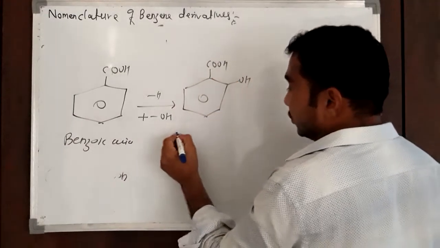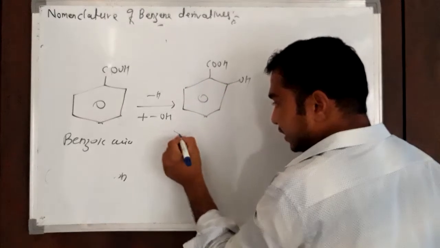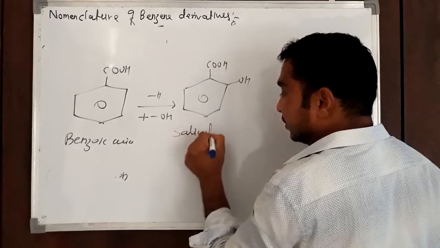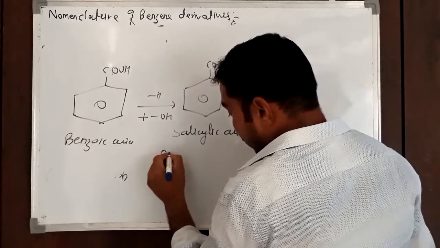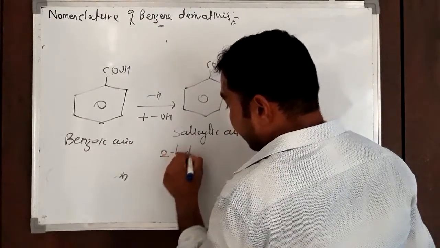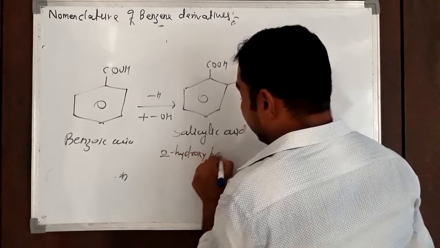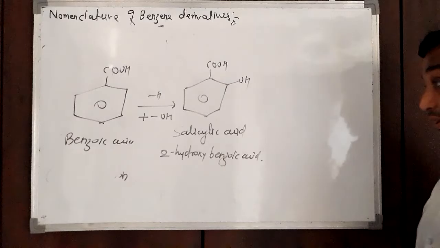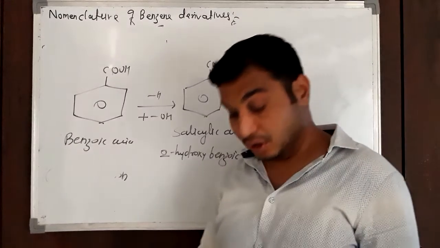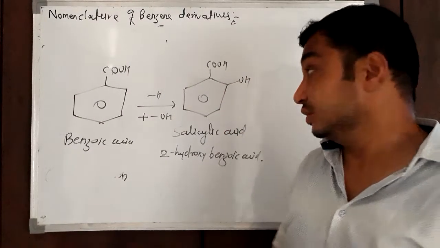Okay, its name is O-hydroxybenzoic acid, and its common name is salicylic acid, or 2-hydroxybenzoic acid. Okay, so these are some examples of disubstituted benzene.